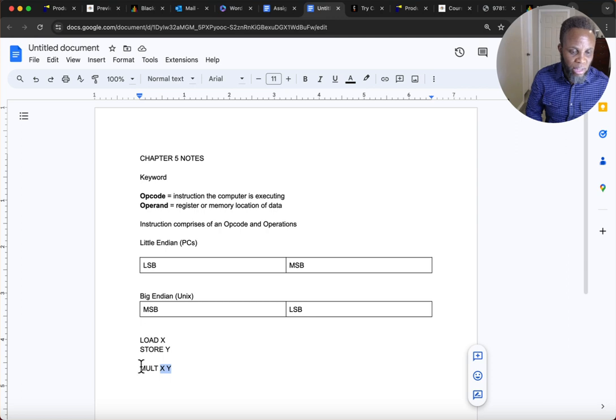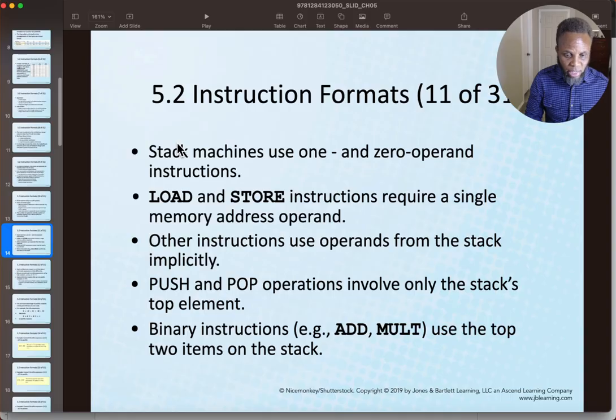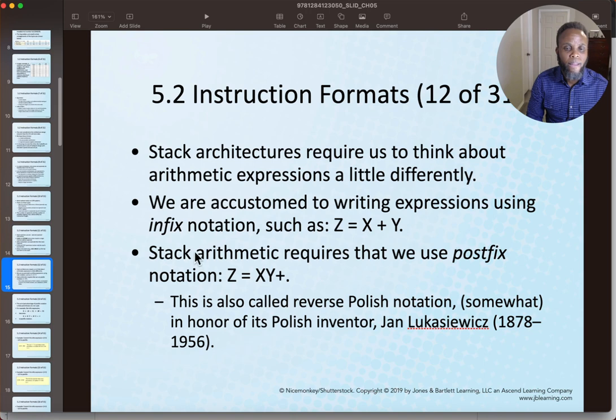So if this is popped off the stack, the next thing popped is X, and then the next thing popped is the other one, then the machine can execute the instruction. But for a stack to be used, the opcode has to be very close to the operands. That's what our slide deck is saying here: binary instructions use the top two items on the stack as the operands.